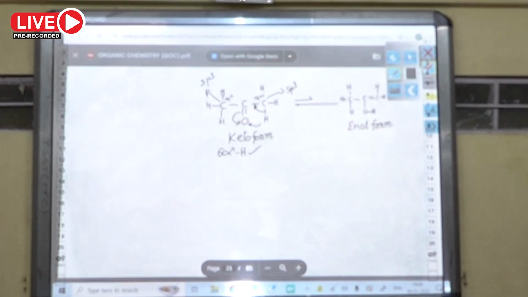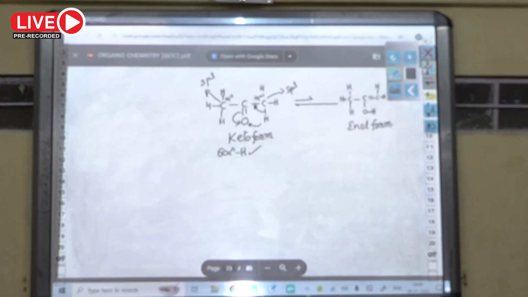Write an important note: the number of sigma and pi bonds in keto and enol forms is the same.